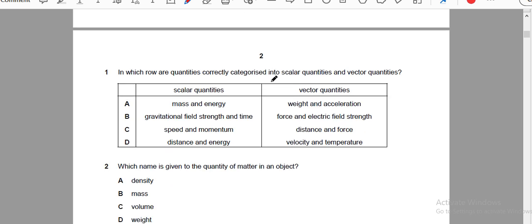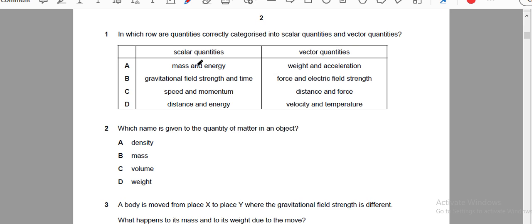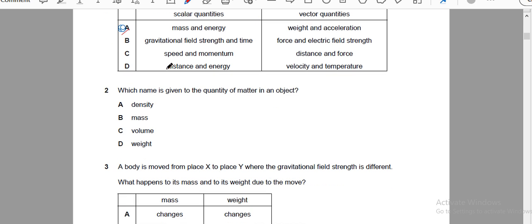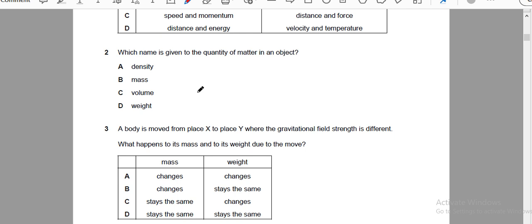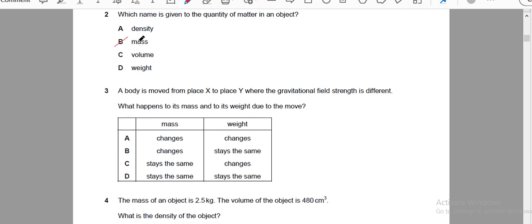Which are quantities correctly categorized into scalar quantities and vector quantities? Scalar: mass, energy; vector: weight and acceleration is correct. Which name is given to the quantity of matter in an object? Mass.